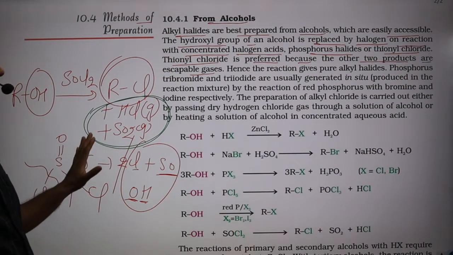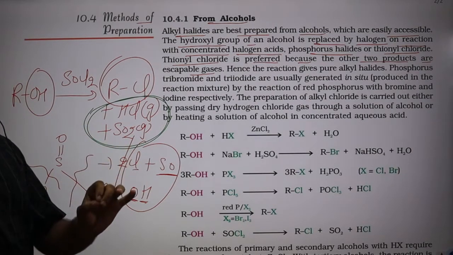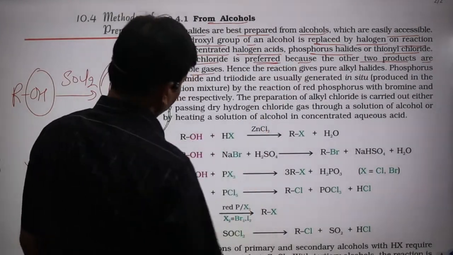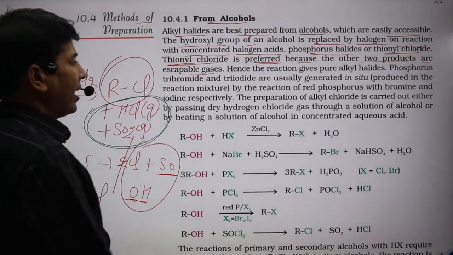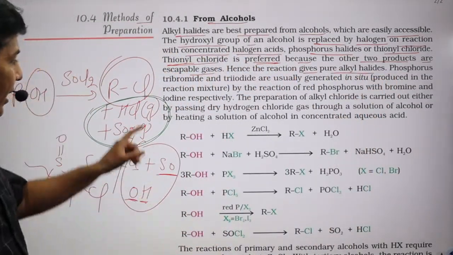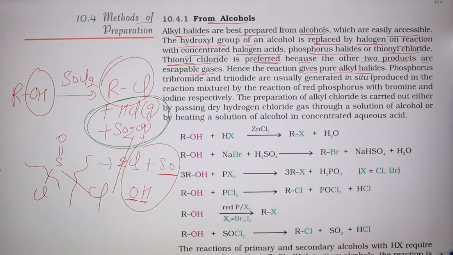This is the reason out of HCl, PCl3, PCl5, thionyl chloride is preferred, because the reaction gives pure alkyl halide. We do not get any byproduct.